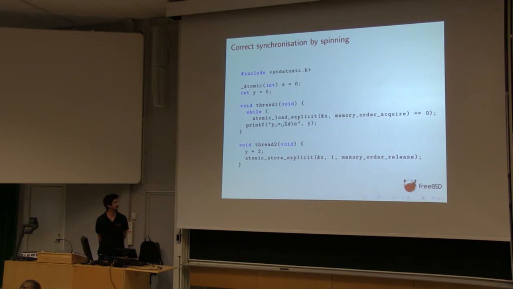Then thread 2 sets y to 2 and then does a store release. That means the store to y is guaranteed to have happened before the store release is executed.